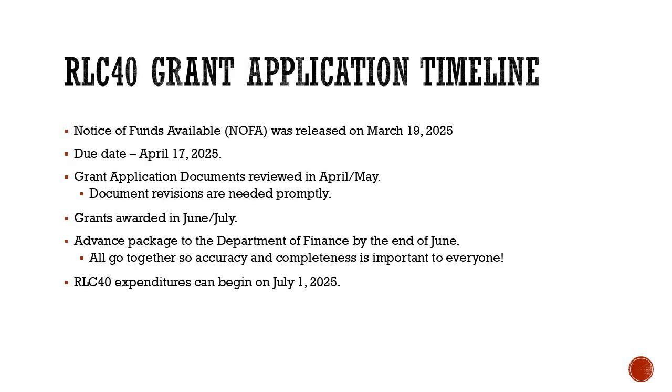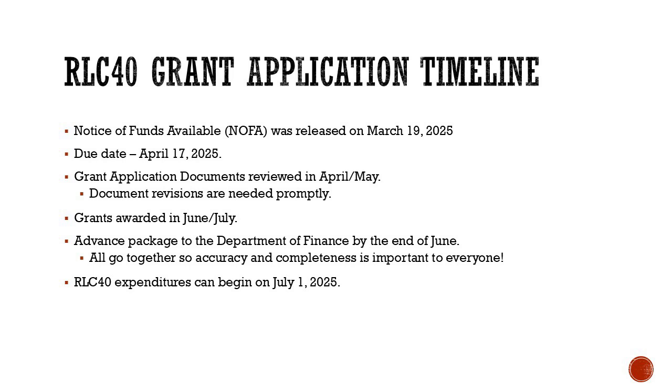So the timeline, notice of funds available was released on March 19th. Due date for applications is April 17th by midnight. Grant application documents will be reviewed by staff in April and May. And any document revisions that are requested by your grant manager, we ask that you get those back really quickly. Grants will be awarded in June or July.